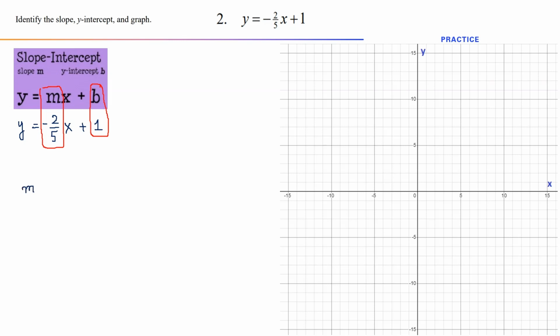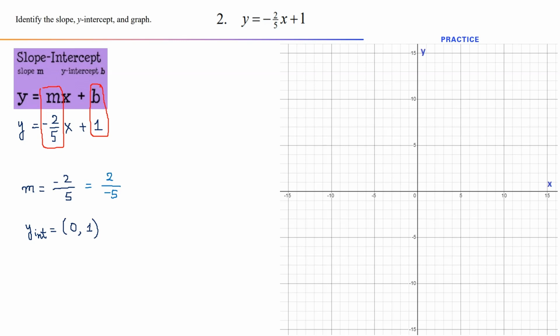So we have m equals negative 2 over 5 and the y-intercept is (0, 1). So remember, we can rewrite the m negative 2 over 5 as 2 over negative 5.